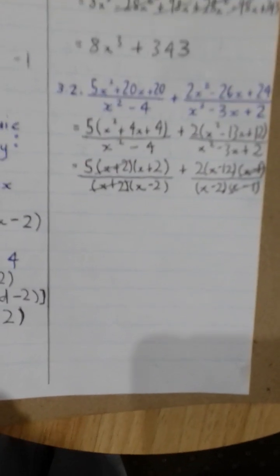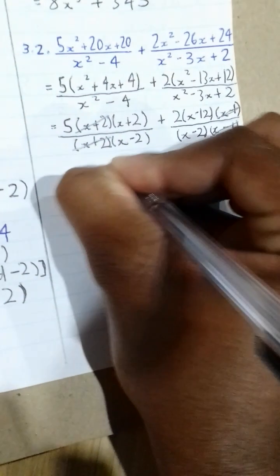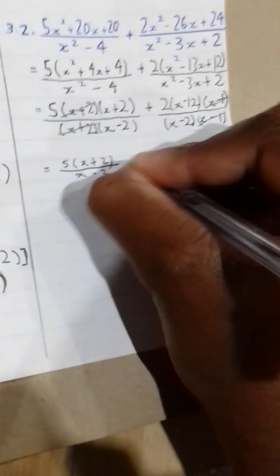Okay, so you have 5 times x plus 2 over x minus 2, plus 2 over x minus 12 over x minus 2.